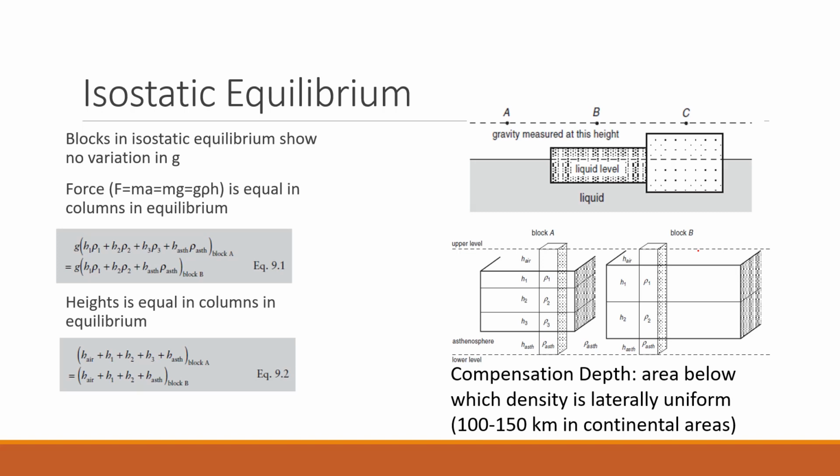Or we can have extra material that's supporting it. With an iceberg, we see just a little bit of the iceberg at the surface because there's a lot more iceberg below the water level. The more iceberg below the water level, the more iceberg we will see above the water level. So that's one way of compensating.